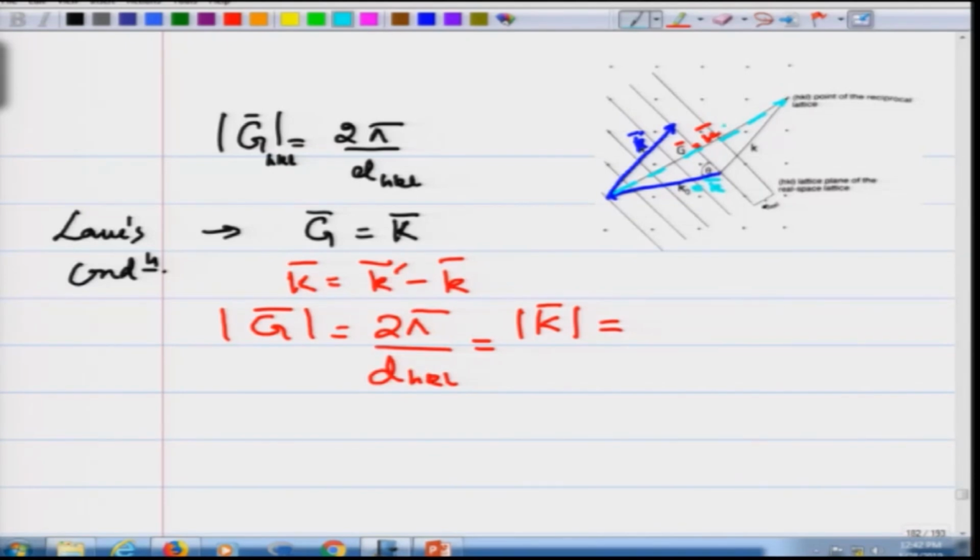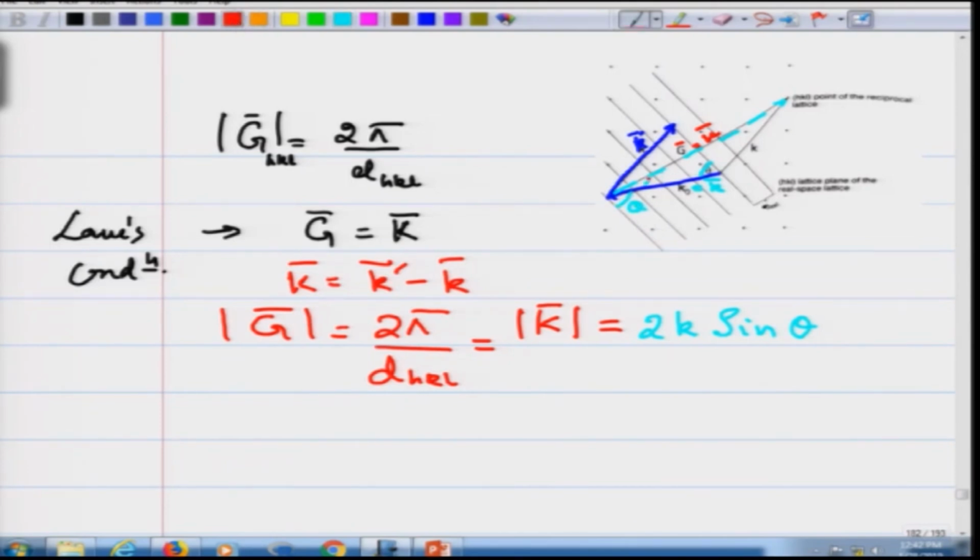This capital K, which is the scattering vector, the magnitude of this is nothing else but 2 times k times sine theta, because this angle theta that you draw here, because the lines are parallel, this is also equal to this angle theta, and therefore this is 90 minus theta.